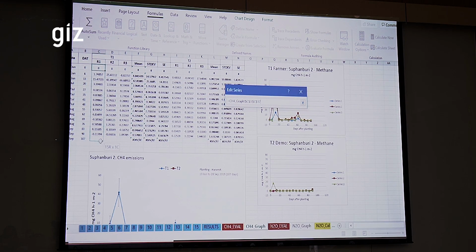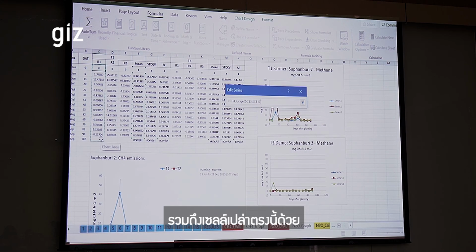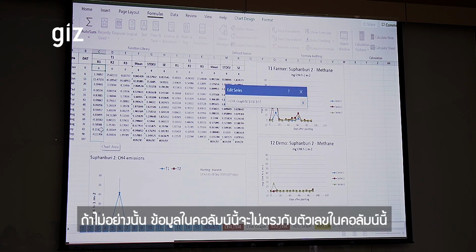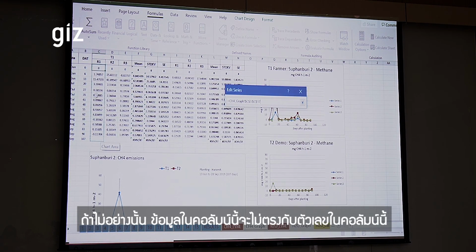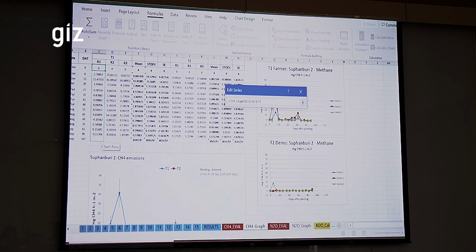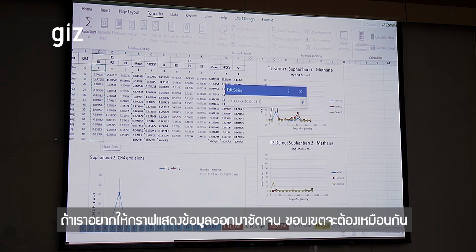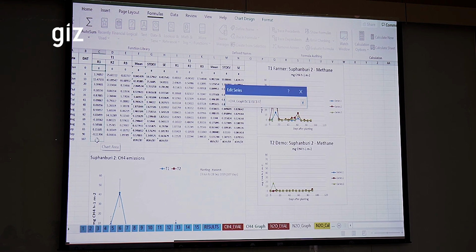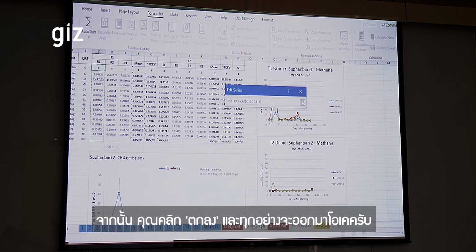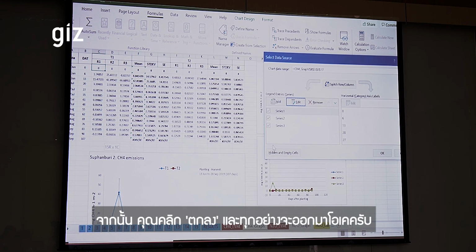Include that empty cell here. Otherwise, the data in this column will not match the numbers in this column. For graphical purposes, it needs to be the same length. Okay? And then you click OK, and then it's fine.